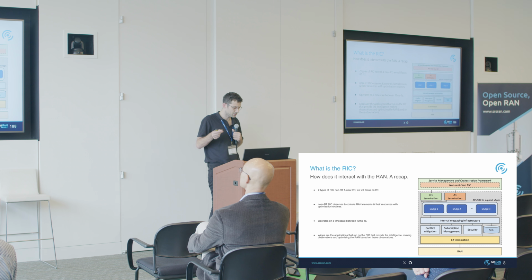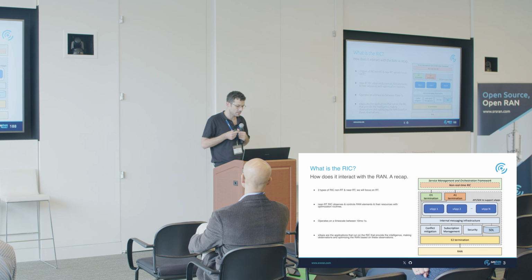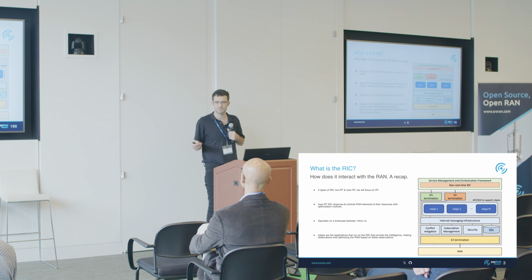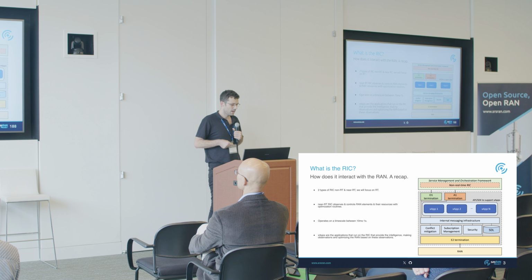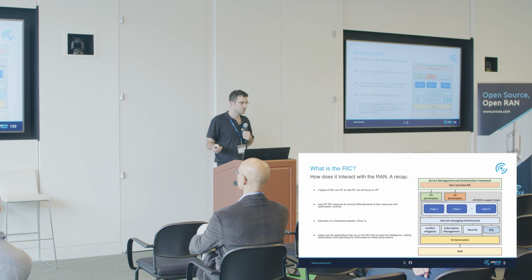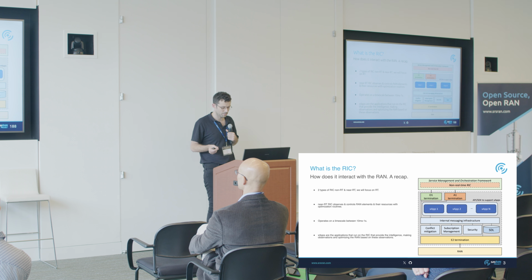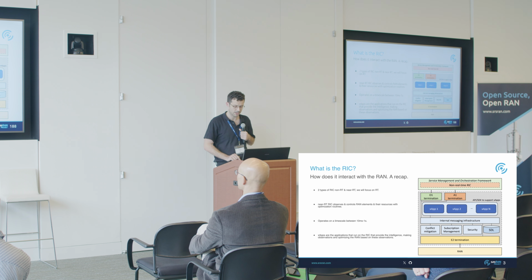And as well as the xApp, there's a couple of ancillary components like the conflict mitigation, for example, to make sure that two xApps don't make contradictory instructions to the different nodes. There's the subscription manager that manages the lifetime of the xApp, and there's a security module to make sure that there's no xApps performing malicious actions or extracting sensitive data to a spy or something like that.